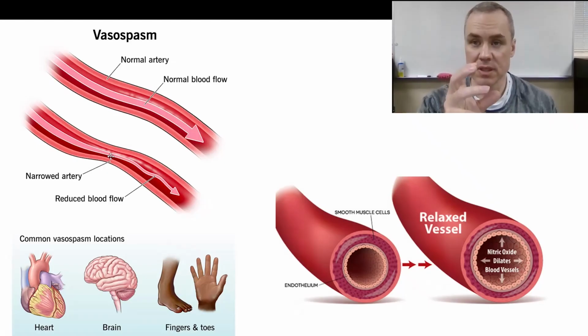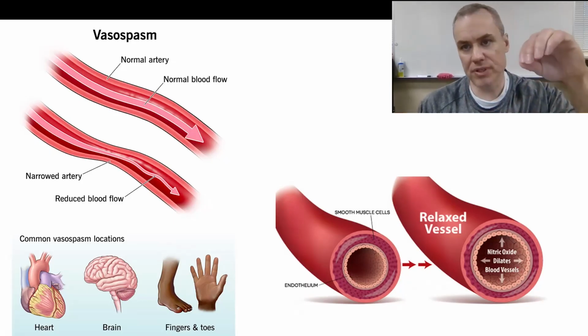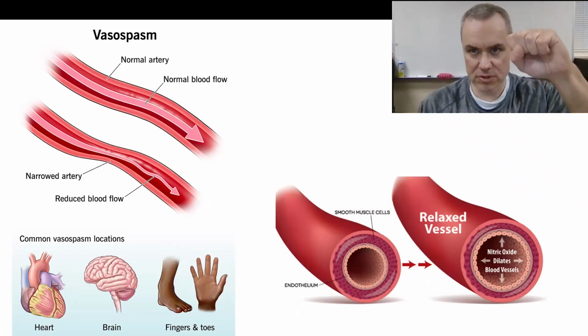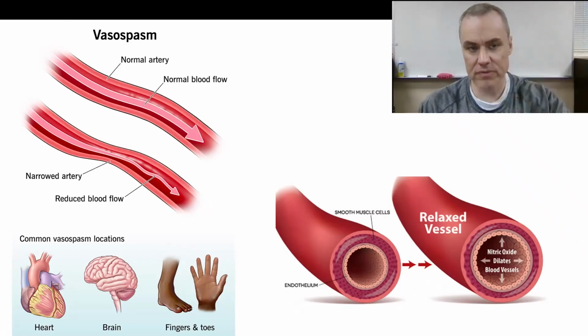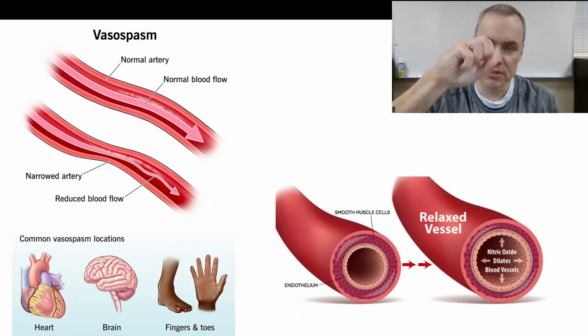For some reason, and there could be different reasons for vasospasms, which we're going to get into, that artery is constricting, and that's causing reduced blood flow through the artery. I want to be clear that one of the misconceptions is that this constricting is not actually what we're talking about when the bridge is squeezing.